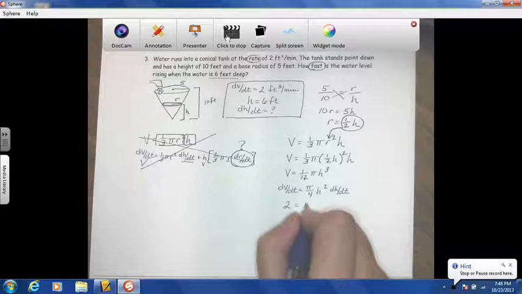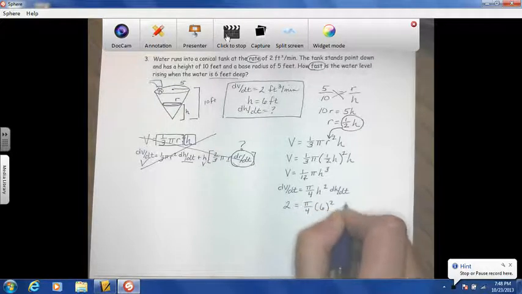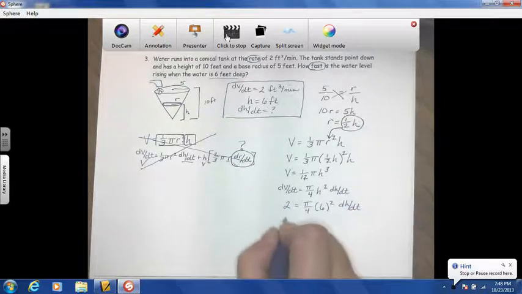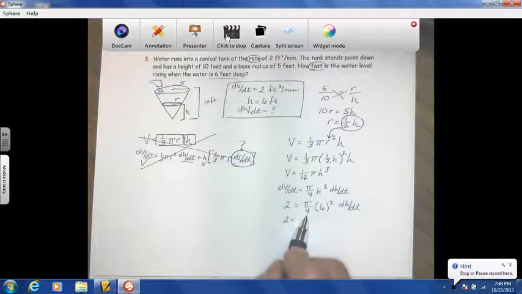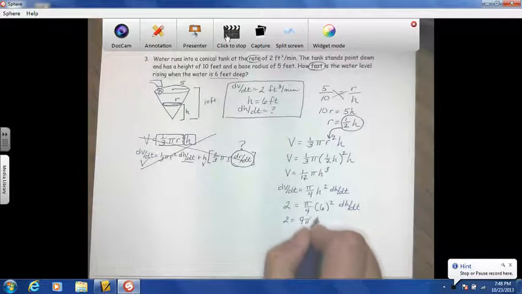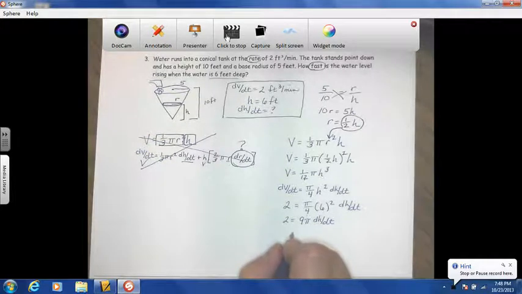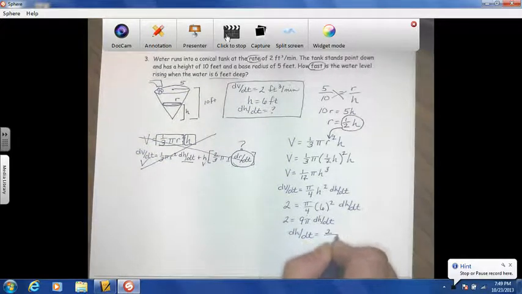We can substitute 6 in for the height, and now we can solve for dh/dt. So 2 is equal to, 6 squared is 36, 36 and 4 are going to reduce, that gives me 9 pi times dh/dt, and then we can divide. So dh/dt is equal to 2 divided by 9 pi.